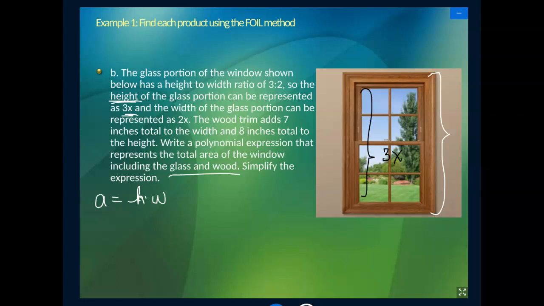And then it tells me the wood trim adds 7 inches to the width and 8 inches to the height. So if the glass is 3x, the glass and the trim becomes 3x plus 8.